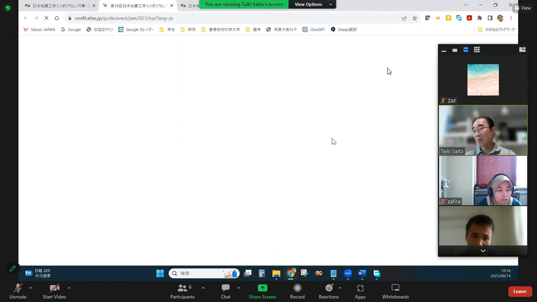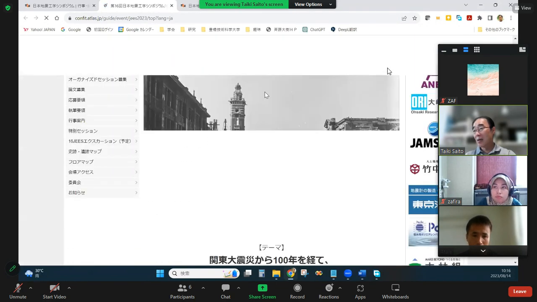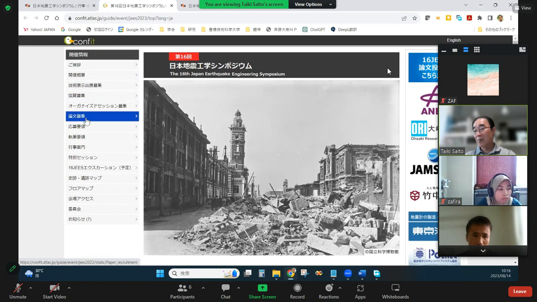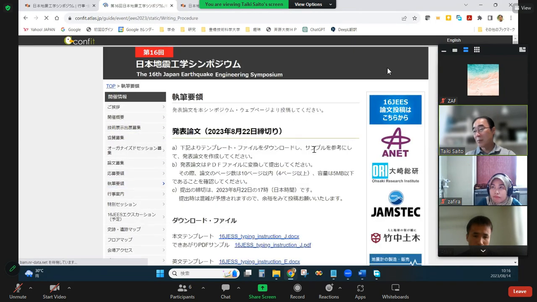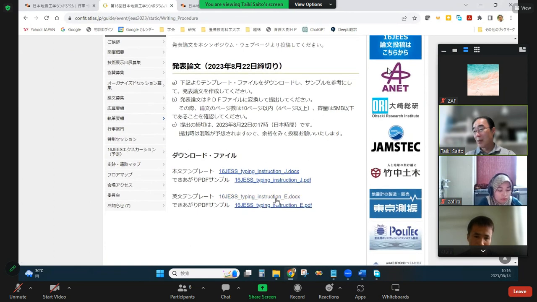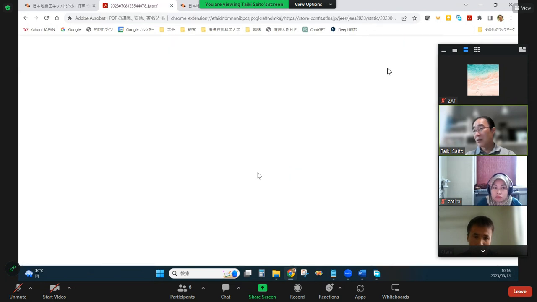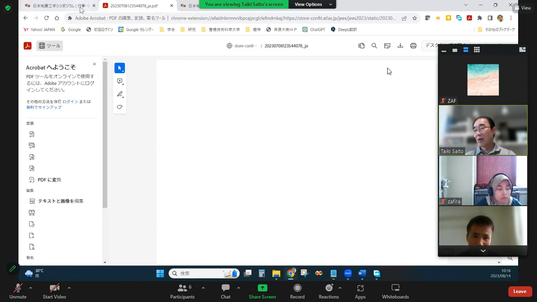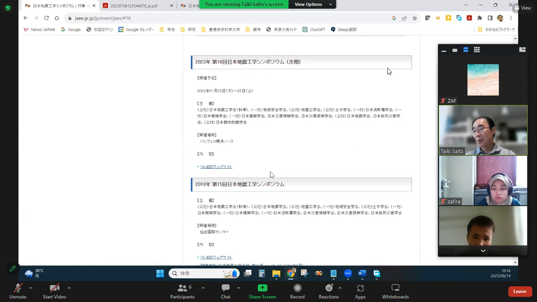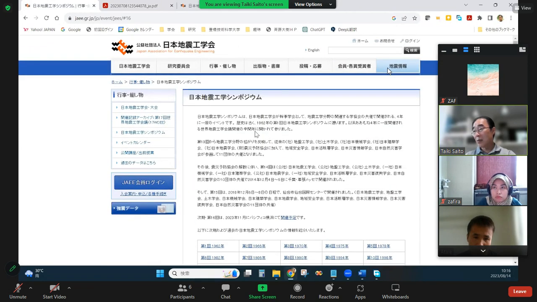Website. Okay, so this is a sample typing instruction. They have an instruction only for the main page. Okay, and how to apply?